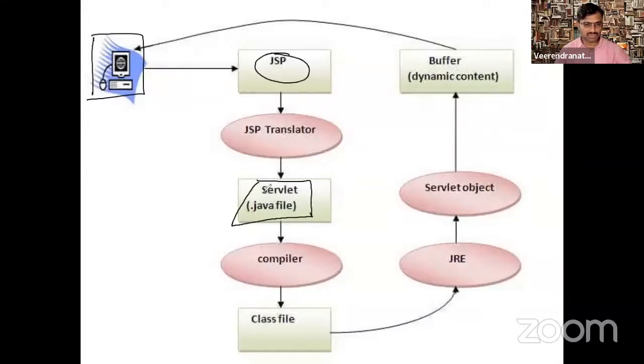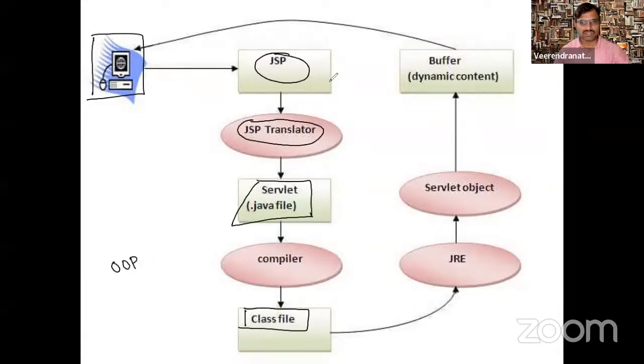But how does that translation go on? We will be having a translator. The translator is responsible for converting the JSP into a servlet, and that servlet again will have to be converted into a Java class file. It has to be object-oriented programming, right? So definitely it has to be converted into a class file.